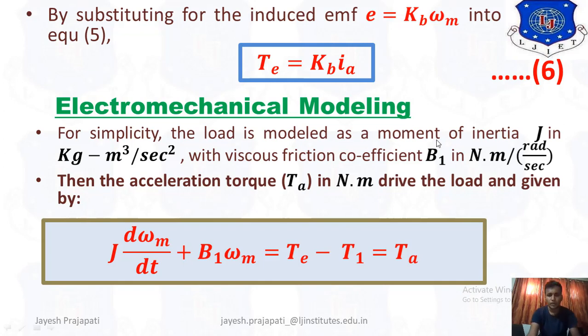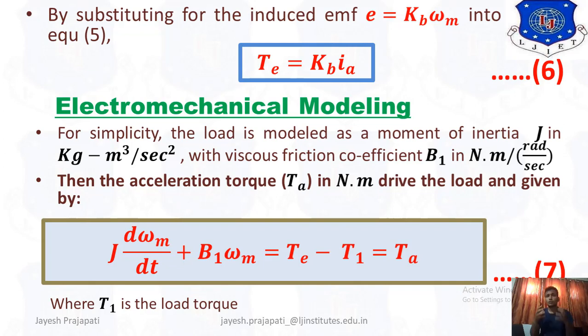This is equation number 7. Here Ta is the acceleration torque, Te is the air gap torque, and T1 is the load torque. J is the moment of inertia, omega is the angular frequency, and B1 is the viscous friction coefficient. So that is the electromechanical modeling equation related to our DC motor.